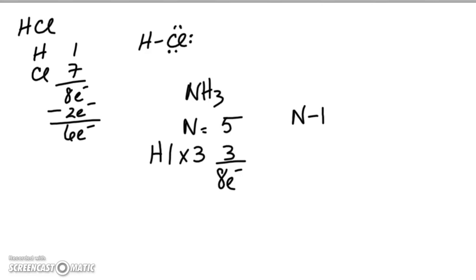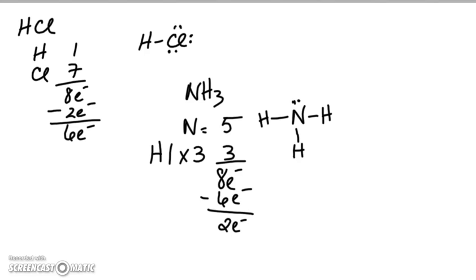Now I'm going to put a dash to represent the 3 hydrogen-nitrogen bonds in that molecule. So there's 2, 4, 6 electrons that I used to show the shared pairs, which means that I have 2 electrons left over. They would have to go on the nitrogen atom in order for nitrogen to complete an octet.